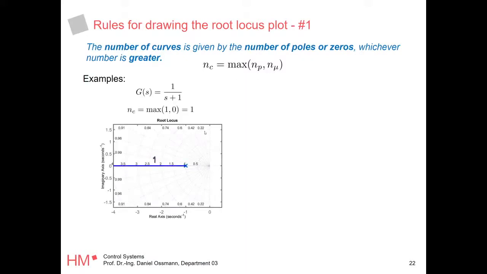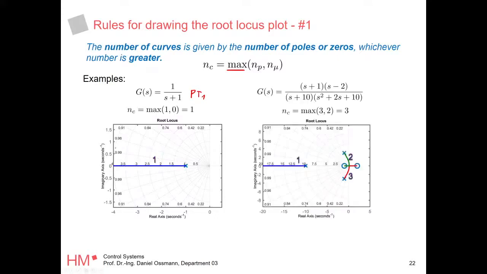Then you know how many curves there are. This PT1 has 1 pole and 0 zeros, which is larger, so the maximum is definitely 1, so we have 1 curve. If you look at the pole-zero map I drew in MATLAB, it's exactly this example. We have 1 curve.